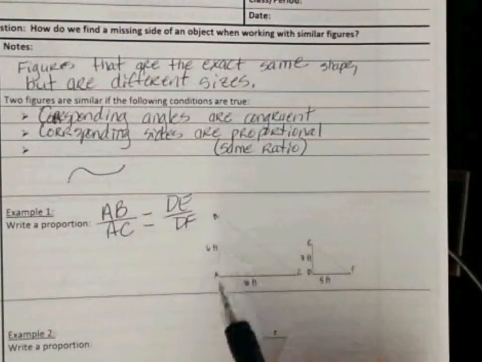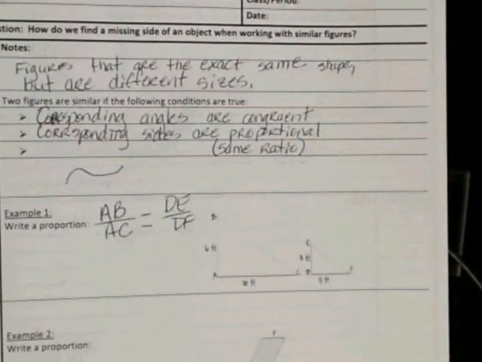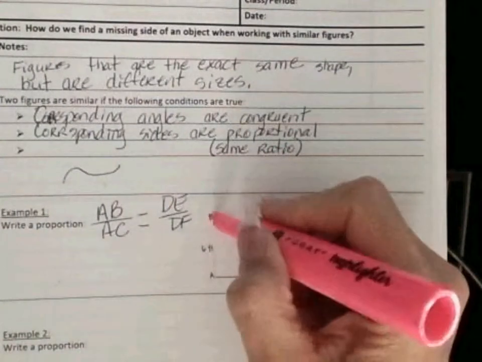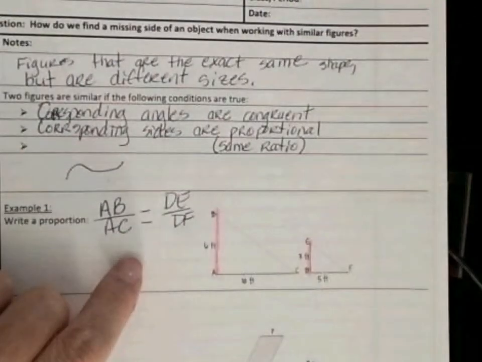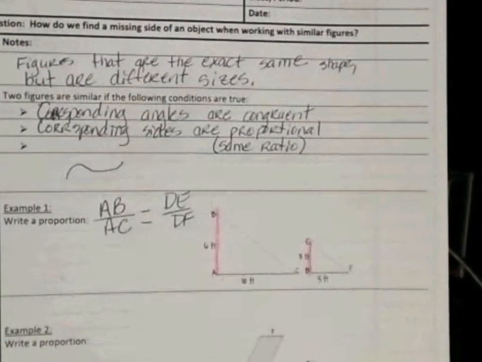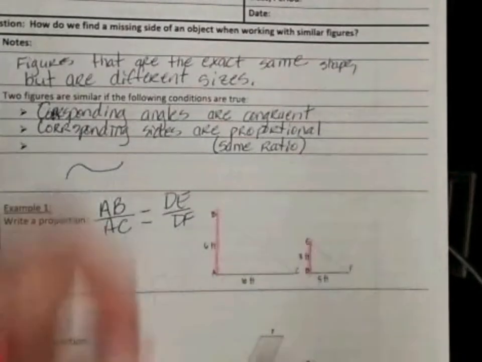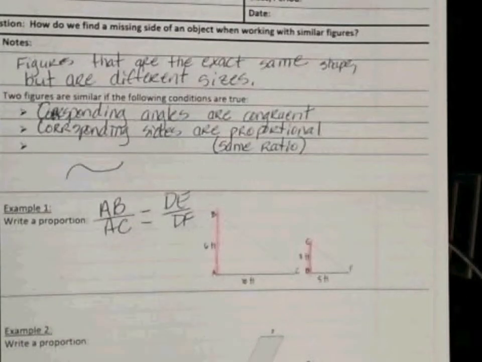So on example 1, we're going to write a proportion. You need to learn to write it like the sides. So we're going to compare AB and AC, from our larger triangle, equal to DE and DF. I'm just comparing these two and these two, right?